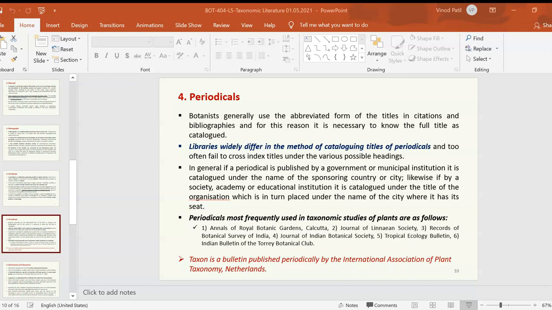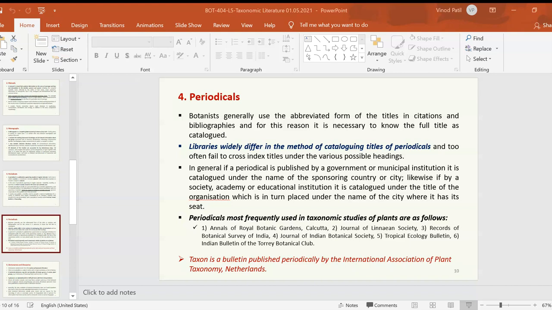So, what is the full title of the particular periodical that has to be written, just like the journal's name. Otherwise, instead of writing the full name of the periodical, the botanists used to write the abbreviations, short forms.